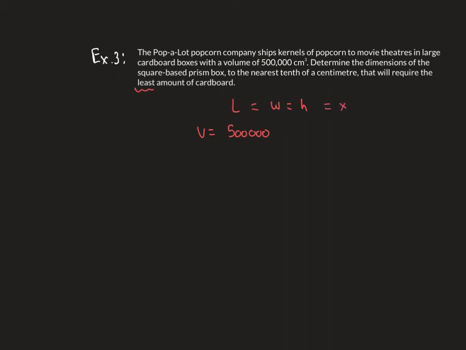That means I have x times x times x is equal to 500,000, which means x cubed is equal to 500,000. So I would need to take the cube root of both. So the cube root of 500,000 is going to give me 79.4 centimeters. About. You're going to have to round it.